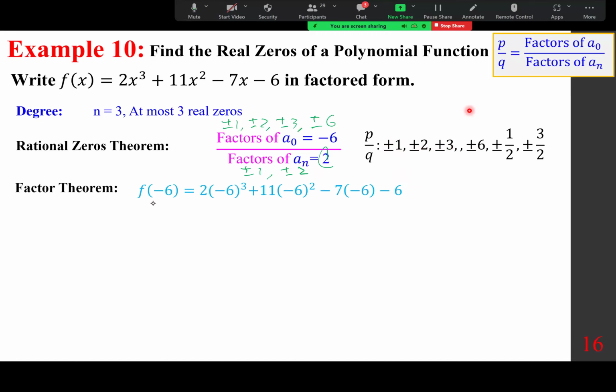So if you plug in -6, 2 times -6 cubed plus 11 times -6 squared minus 7 times -6 minus 6, you get to 0.